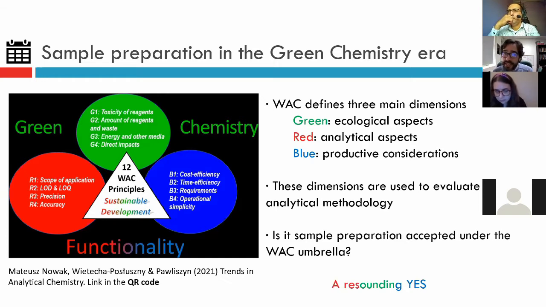If we need an analytical sample preparation step to get these results, we can apply this analytical sample preparation technique. We can make an effort to make the approach greener, but we can apply this sample preparation technique because it is needed to obtain useful results from the system under study.